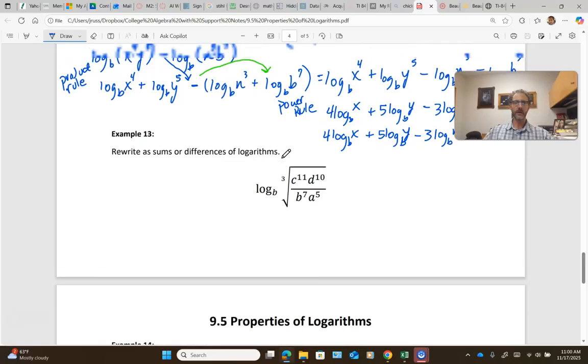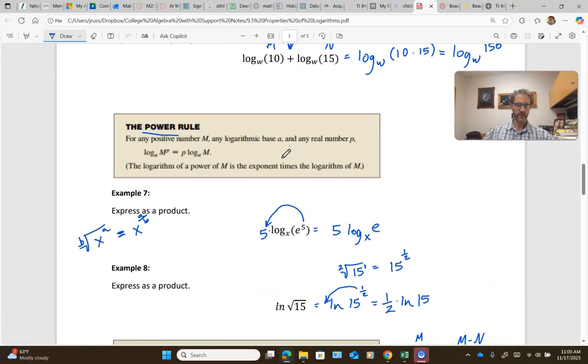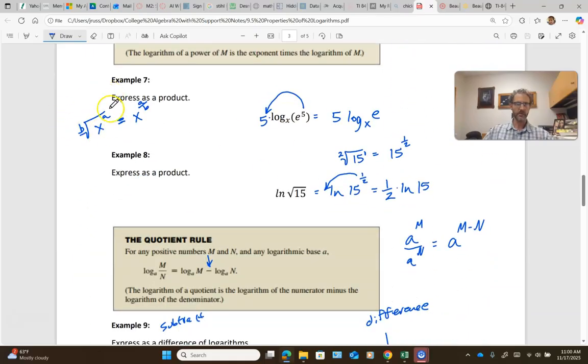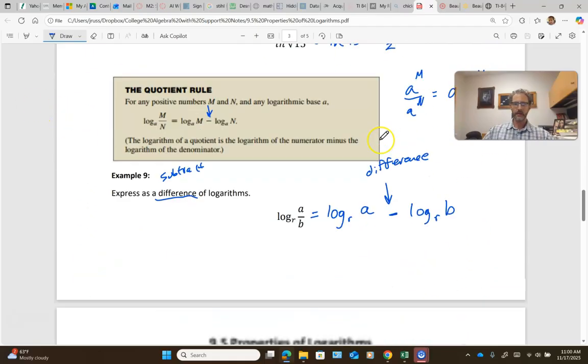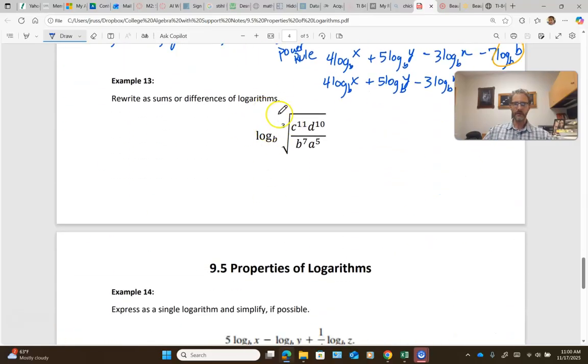So I need to use that property that I showed you from above, right here, to express this cube root, or this radical, as an exponential expression. What you can do is think about that, all of this is being raised to the first power. So then I can rewrite this as log base b of that whole quotient there.